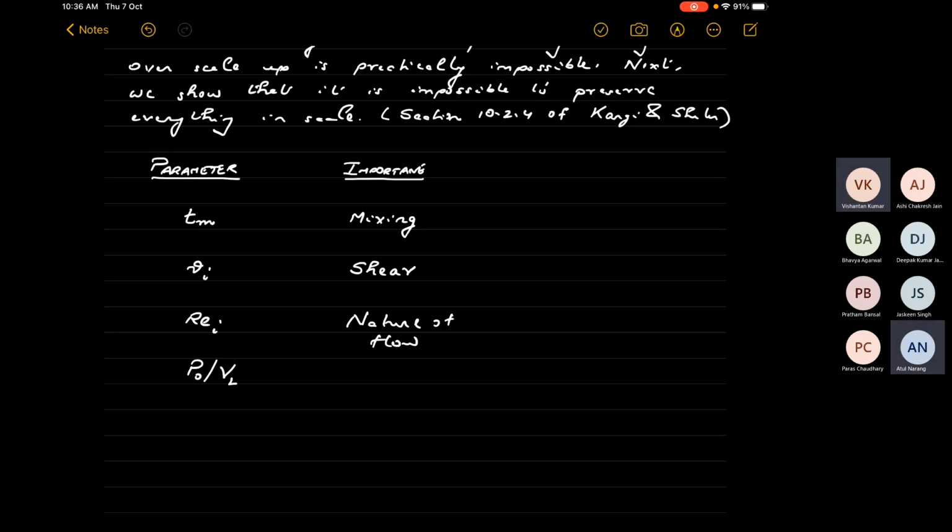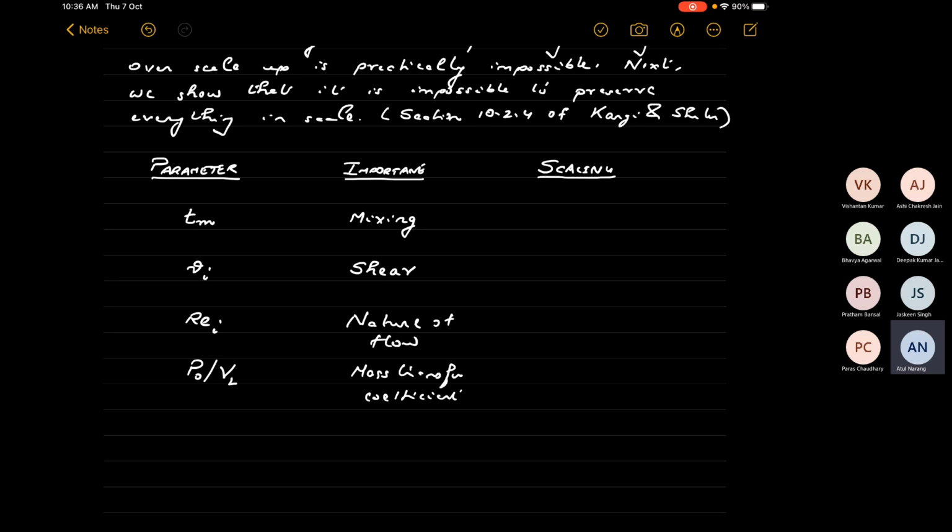Yes, sir. And this P0 over VL is important not only in mixing, it's extremely important, as we will see later on, for determining the mass transfer coefficient. So these are 4 different parameters. Now, the scaling, which is to say their dependence on the impeller speed and the diameter, is quite different.